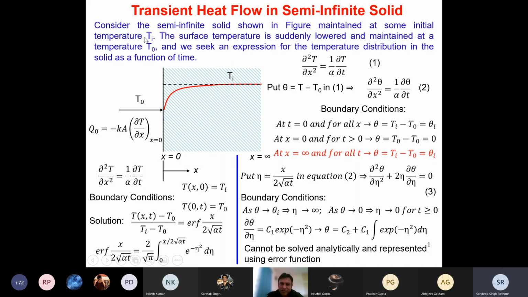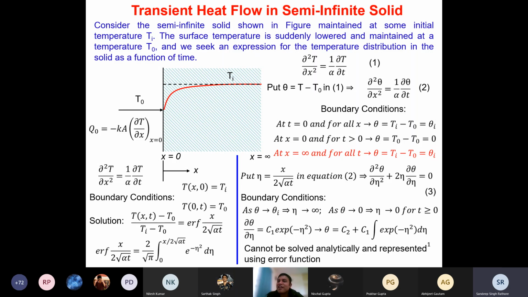So what will happen to the temperature of this solid block? The unsteady state temperature profile will be something like this. Can you see? It is shown by a red colored line here. Do you all agree?